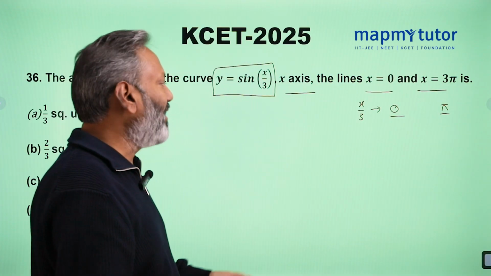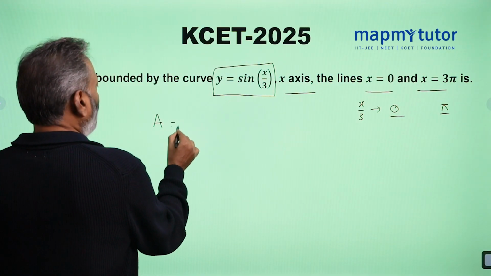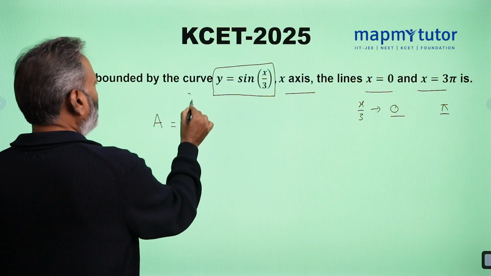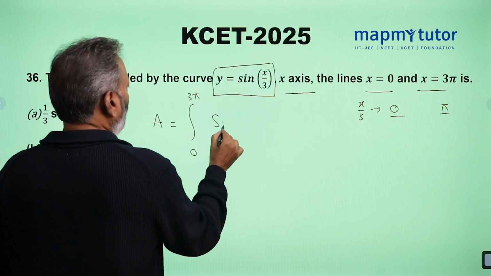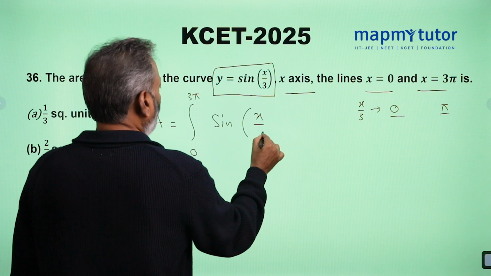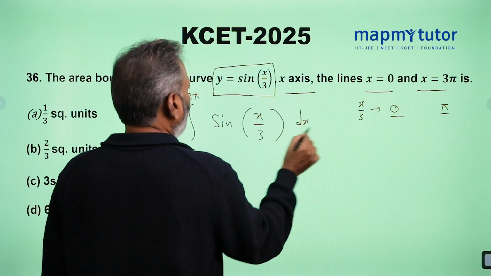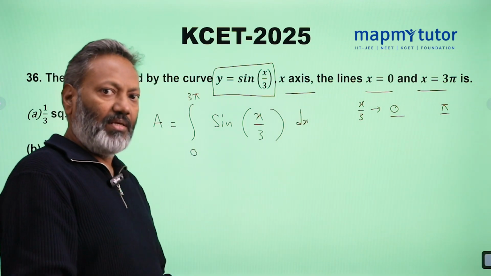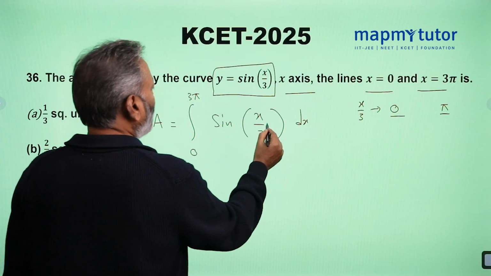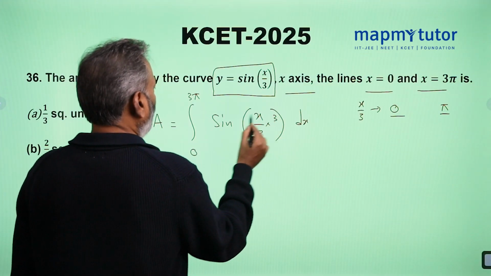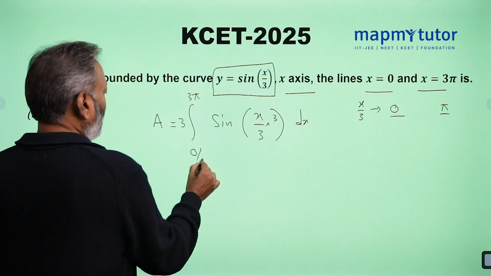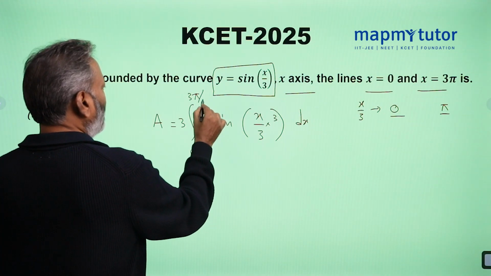Therefore, I can directly calculate the area by this formula. That is integral 0 to 3 pi sine of x by 3 dx. No need to use modulus and all because already it is positive. And now to avoid the fractions, I'll multiply integral by 3 and divide the limits by 3.